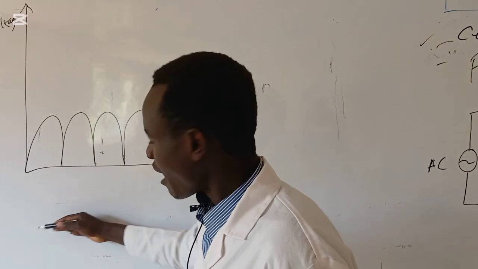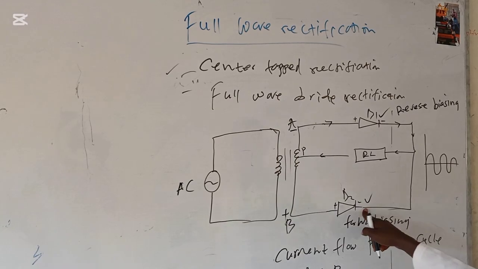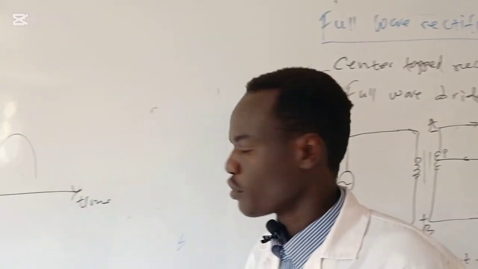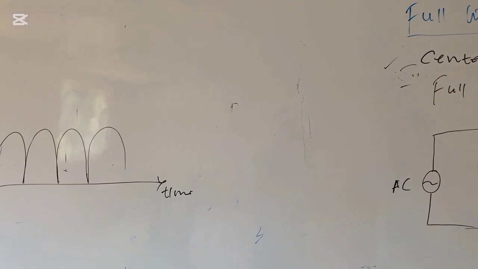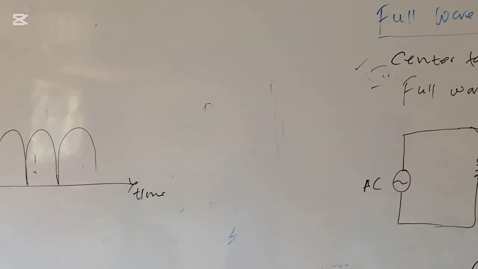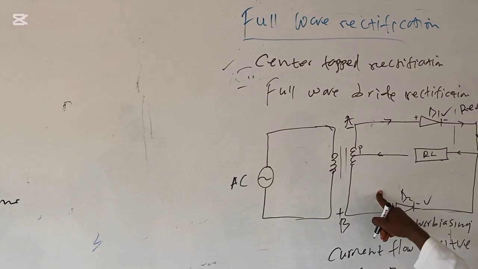The negative half cycle has been catered for by diode number 2. Now we have this type of diagram.